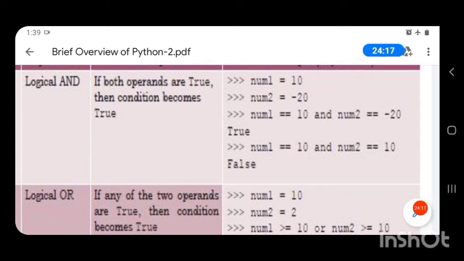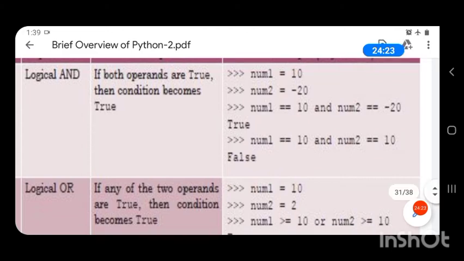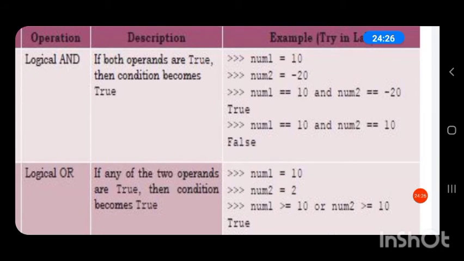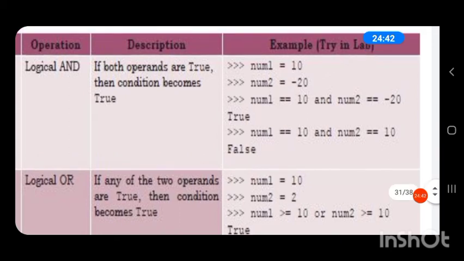In AND, both the operations on left and right side should be true. Then only the output will be true. If any of the operands is false, then the output will be false. If any of the conditions is false, then the output also will be false. Like, look at this condition. Second one, num1 equal to 10.